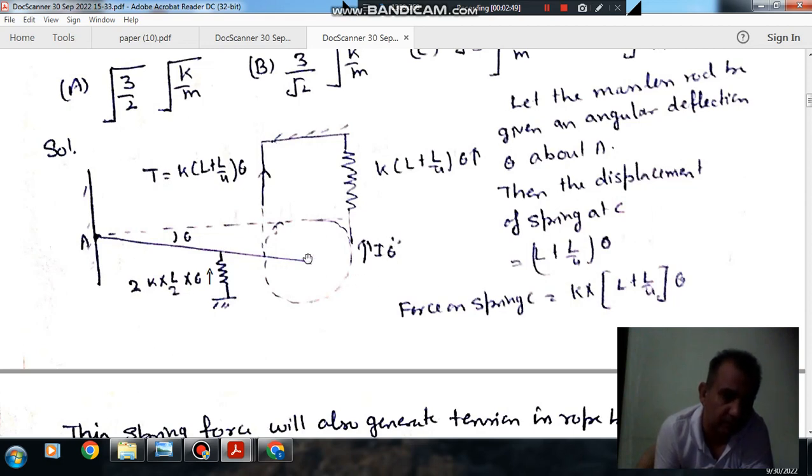Because this is a massless rod and the disk has some mass, we will have a moment of inertia. The system is rotated about point A, so I is the moment of inertia of the disk about point A, and I theta double dot is the inertia torque, where theta double dot is angular acceleration.